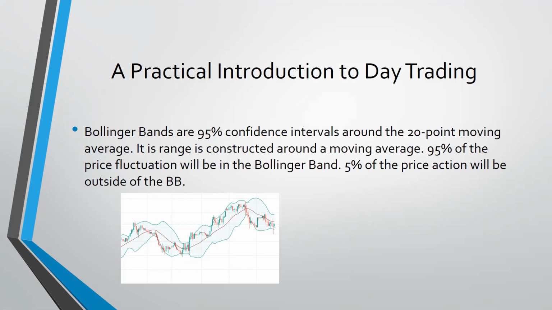If you trade stocks, if you trade Forex, if you trade financial assets based on a Bollinger Bands strategy, you can be a winner in the long term, because the Bollinger Bands are confidence intervals. 95% of the price action will be inside the Bollinger Bands. So when the price goes outside the Bollinger Bands, you know that the price must come back inside the Bollinger Bands. So therefore, what you need to do is trade in the correct direction.